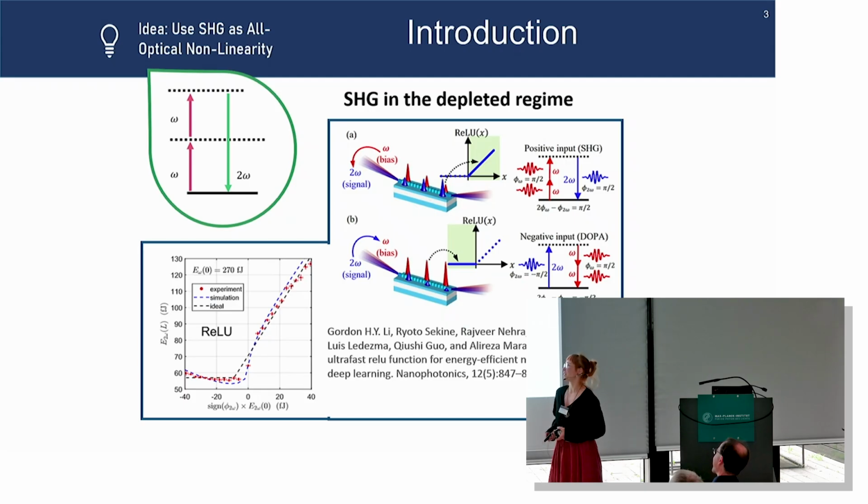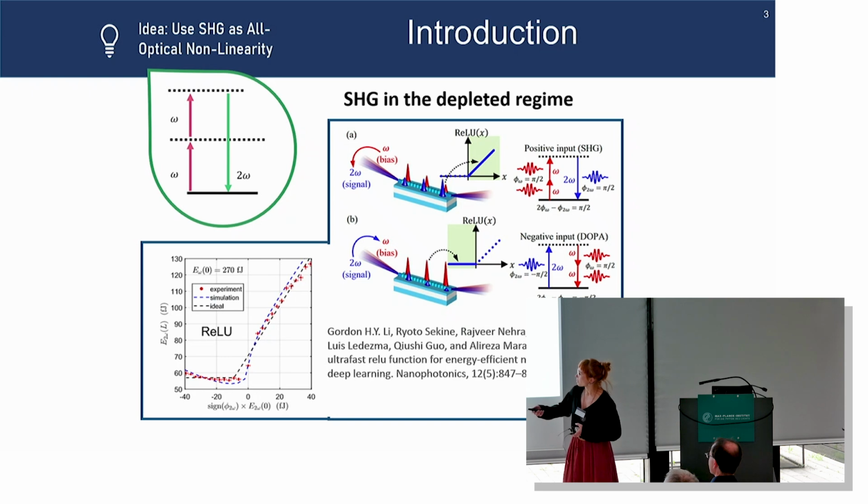But actually we are not the first people who thought about using SHG in diffractive neural networks. There's another group who use SHG in the depleted regime, where they actually manage to model a ReLU function with waveguides. It's a very interesting paper, you can have a look.